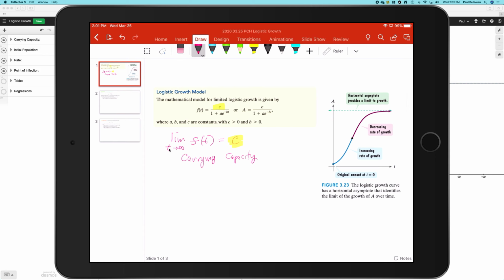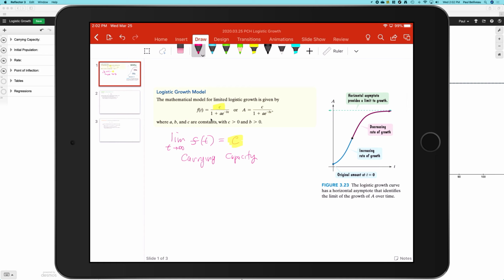But what happens is, as t gets larger and larger, this is a negative exponent. So the larger t gets, the closer to 1 this gets, because we start getting to negative infinity, but it's a negative exponent, so it's 1 over. So this whole thing starts to go away, and you're just left with C over 1.